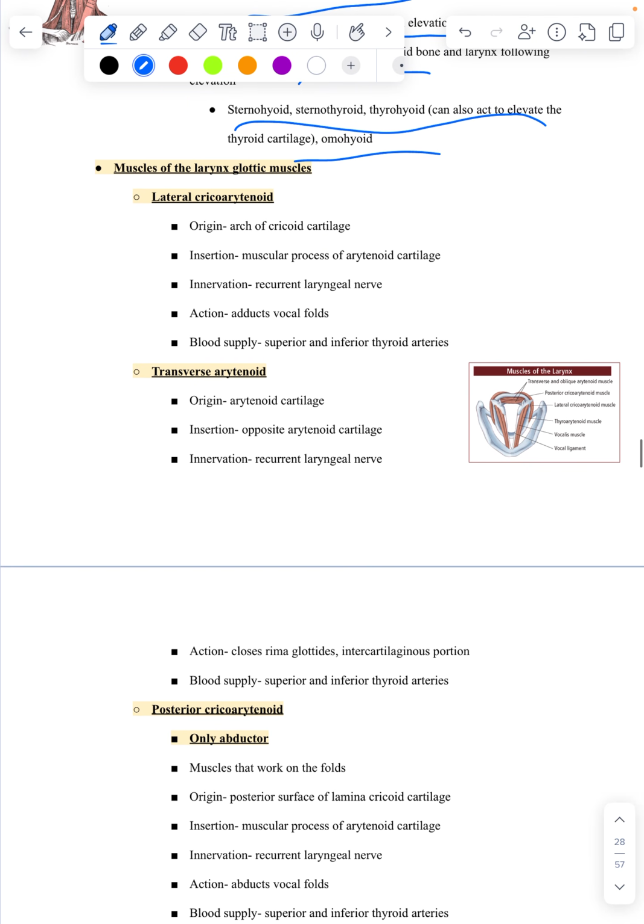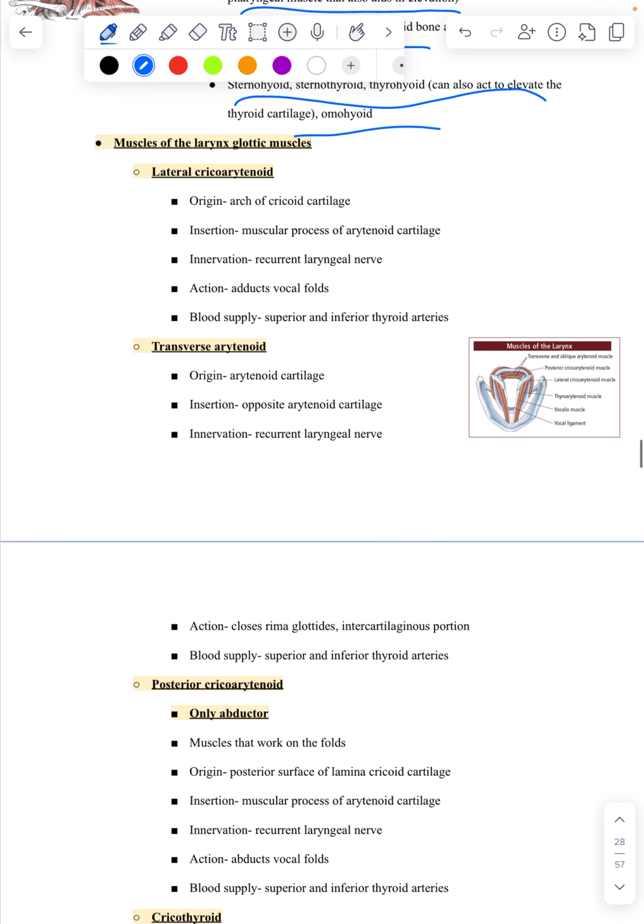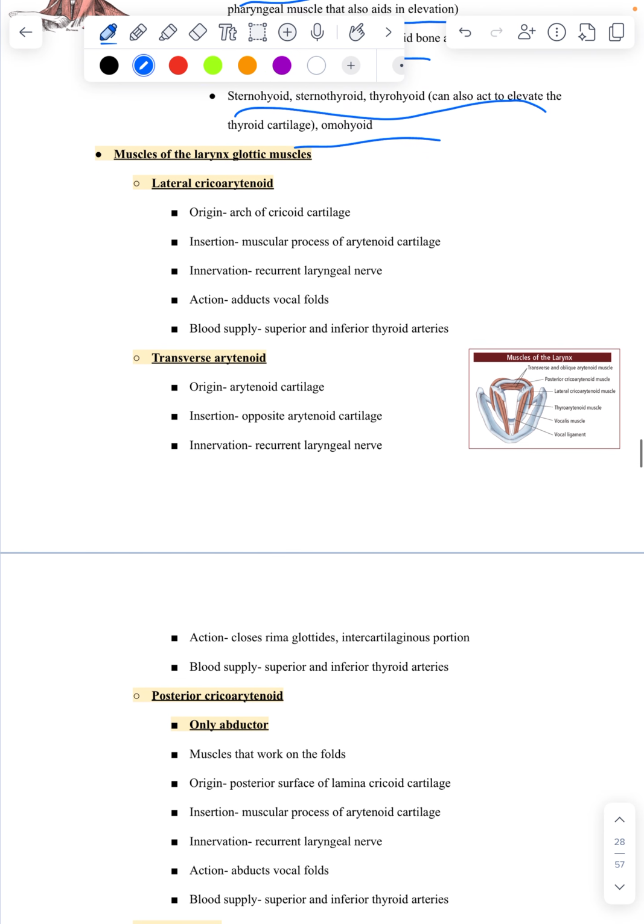Now, muscles of the larynx, glottis. These, kind of like the pharynx, all have similar blood supply, so this applies to all. It's the superior and inferior thyroid arteries, which makes sense because that's where your larynx is.